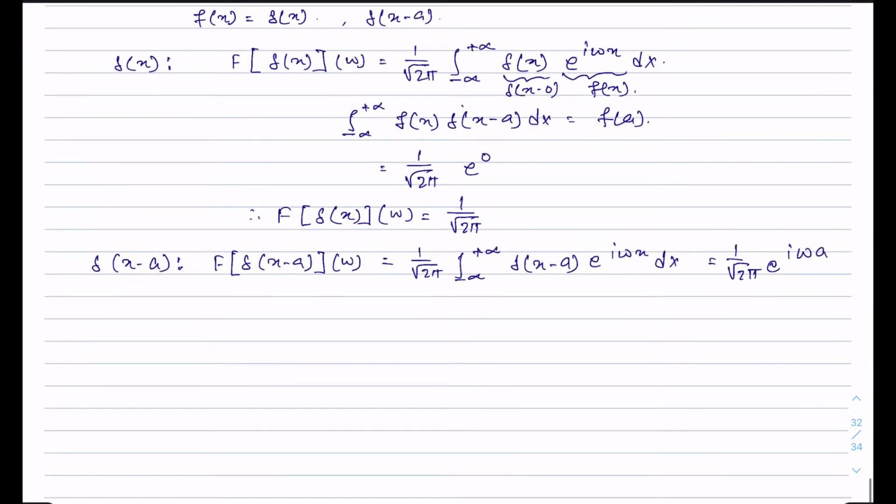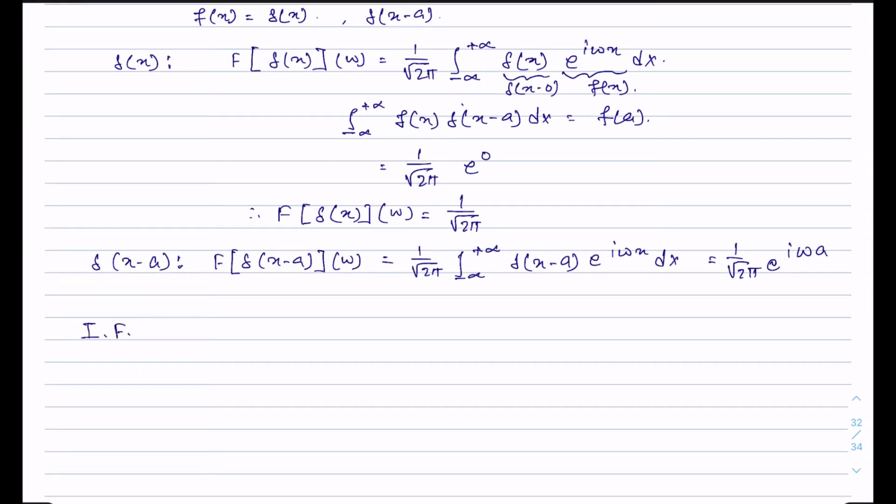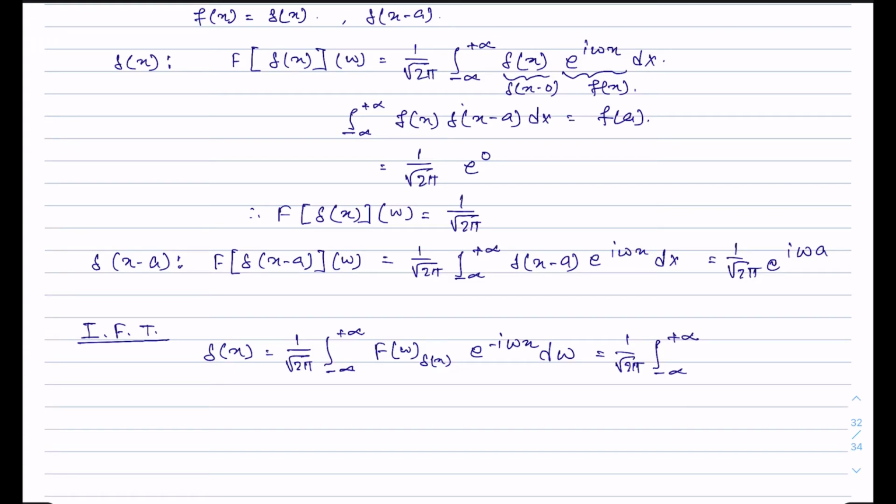Now the inverse Fourier transform will be, so delta(x) will be equal to 1 over root 2 pi, integration from minus infinity to plus infinity of F(omega) for delta(x) e to the power minus i omega x d omega, and F(omega) is 1 over root 2 pi for delta(x). So you can take out this constant from the integration. So delta(x) will be 1 over 2 pi, integral from minus infinity to plus infinity of e to the power minus i omega x d omega.